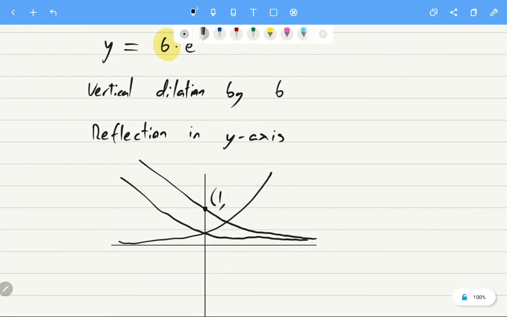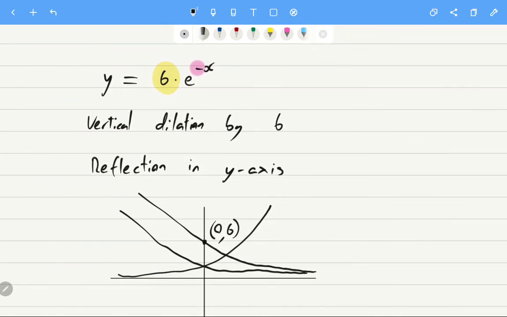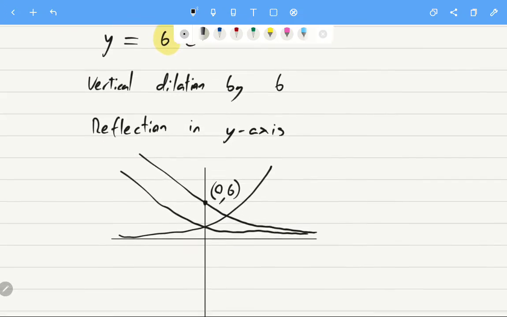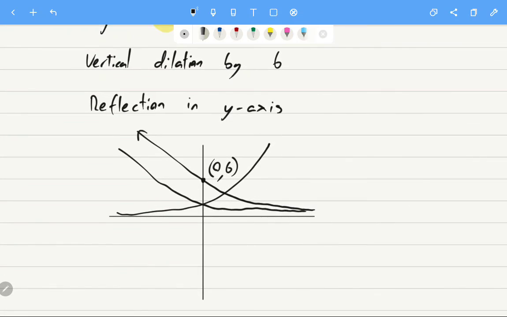And we get this new point, 0, 6. And you can think about it by substituting in: e to the negative 0 is 1, and so you get 1 times 6. So this would be our final function here after all of the transformations. A little bit stretched up and reflected in the y-axis.